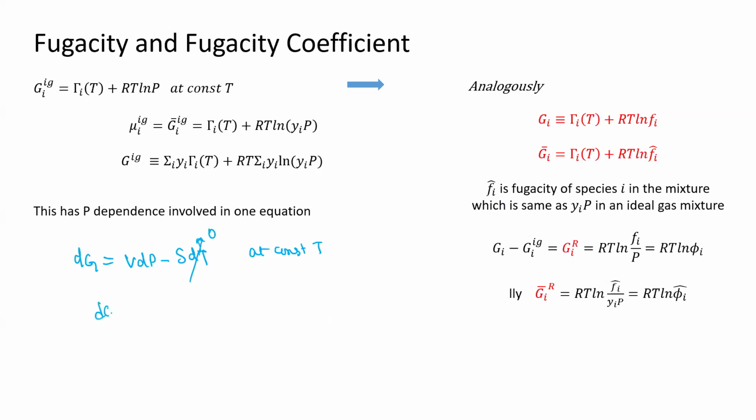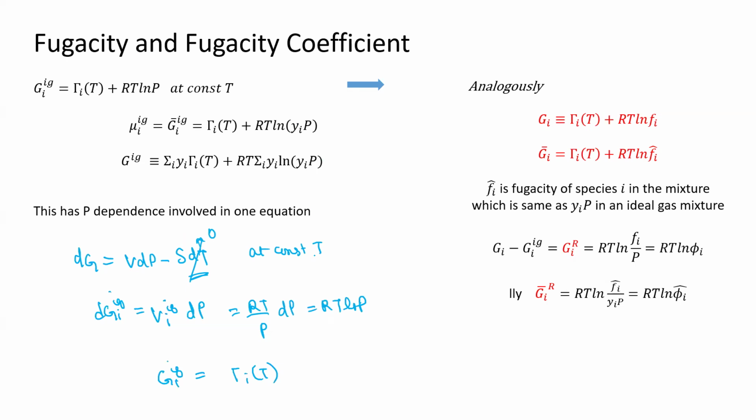So dG_i^IG for the pure species, I can say, is equal to V_i^IG dP, equals RT/P dP, equals RT d ln P. On integration, I will get G_i^IG equals some integration constant, which is a function of temperature, plus RT ln P. Generally, G is a function of T and P, but we have excluded this here.